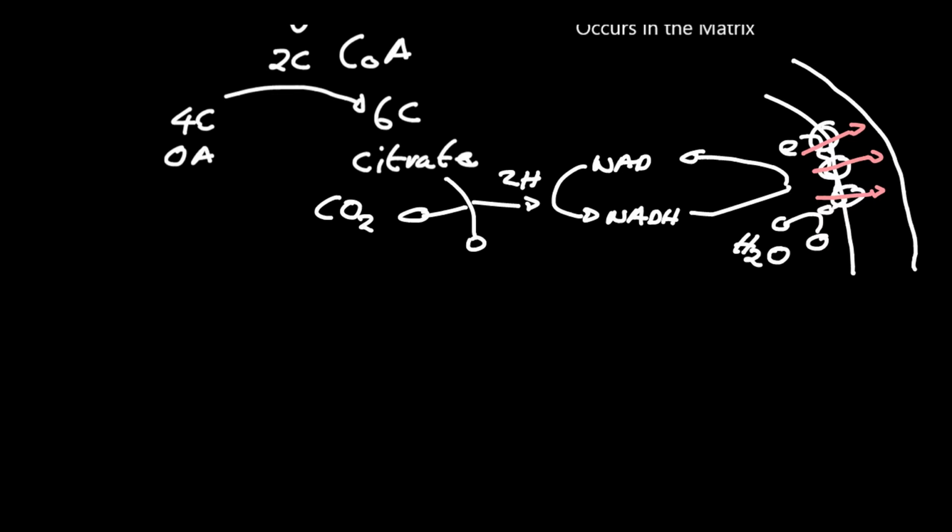The intermembrane space is the gap between the inner membrane, often known as the cristae, and the outer membrane of the mitochondria. The purpose of moving those hydrogen ions is that those hydrogen ions then flow out through ATP synthase, and that generates ATP.